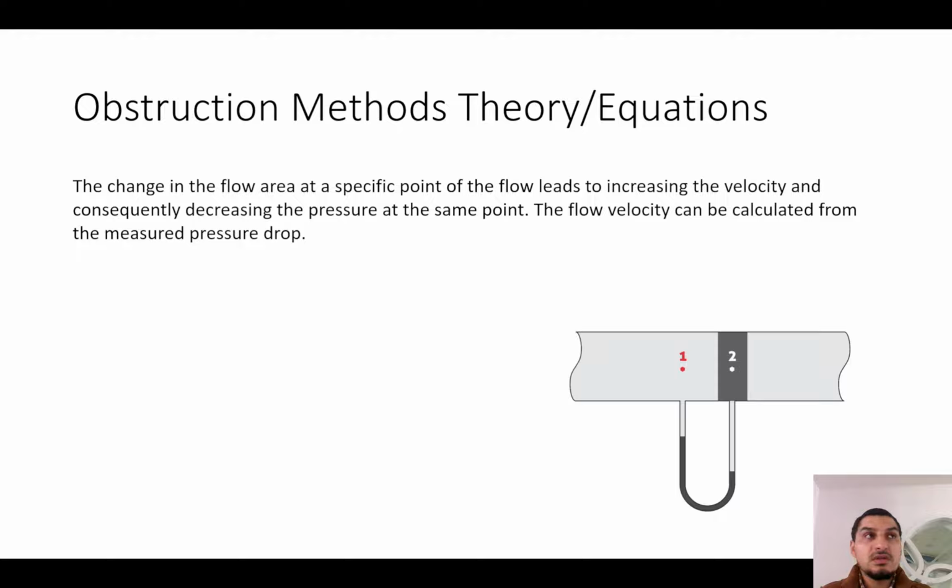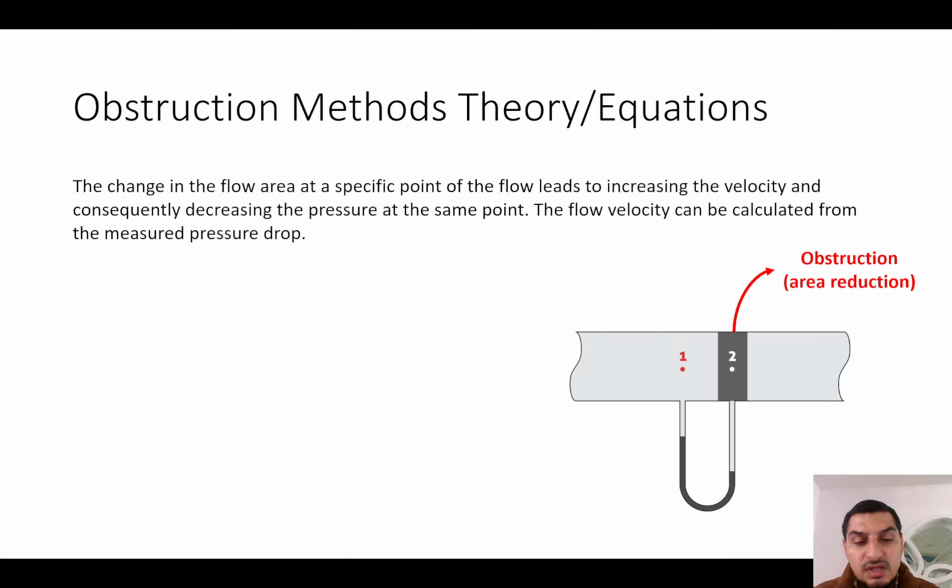So we are not measuring the volumetric flow rate directly, we are measuring the pressure drop, and we will use the basics of fluid mechanics to calculate the volumetric flow rate from the pressure drop. Okay, so this is the obstruction.